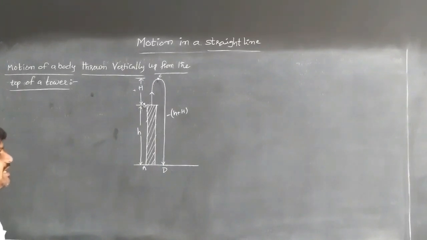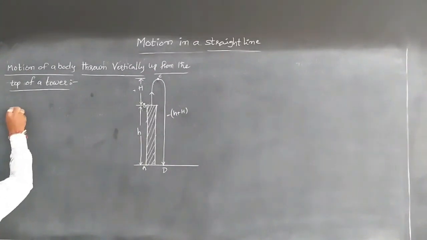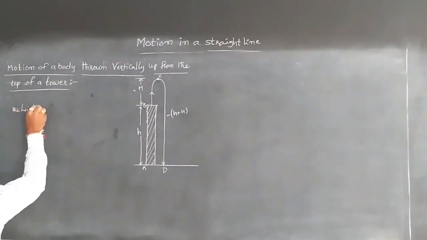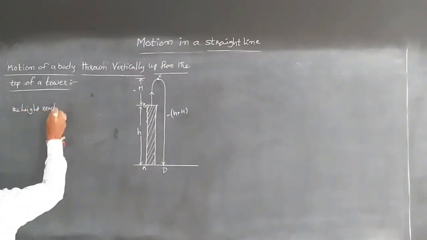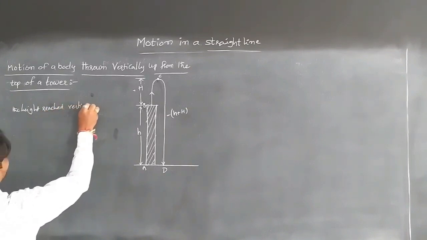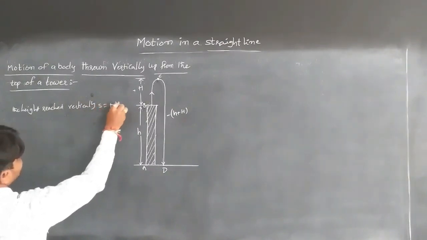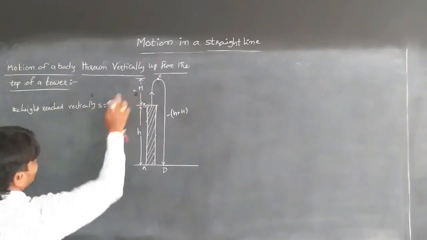The height reached vertically upwards, or we can say the displacement reached vertically, is s equal to plus h.